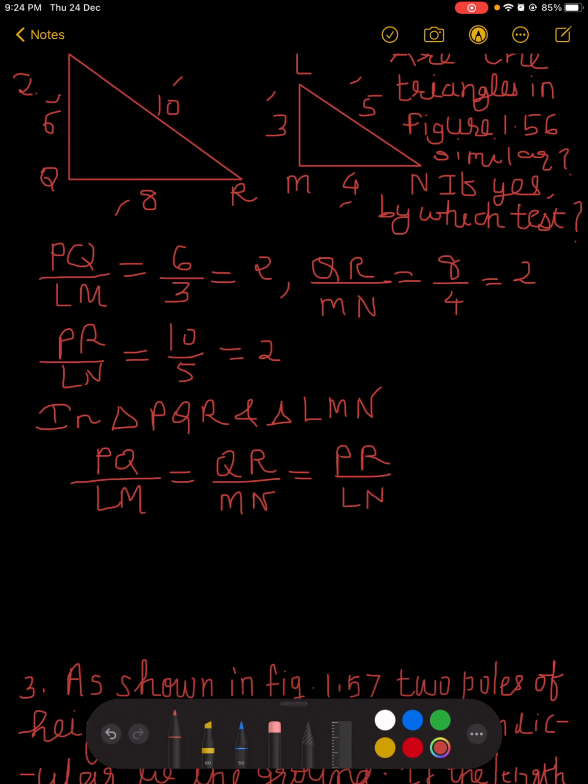The three ratios are equal to one another because they have the same number 2 after calculation. So PQR is similar to triangle LMN if the three ratios are equal. We call this test of similarity the SSS test. Hope you have understood.